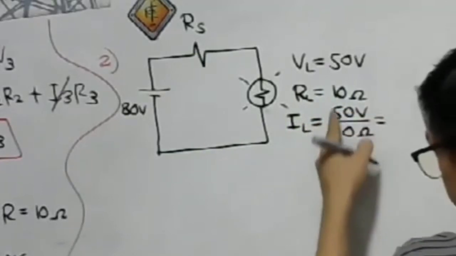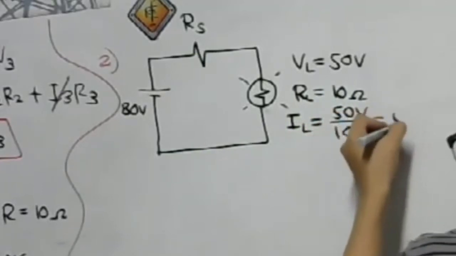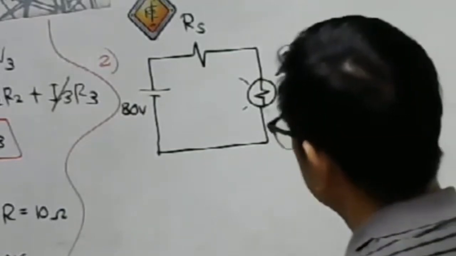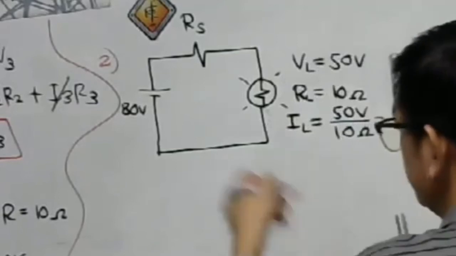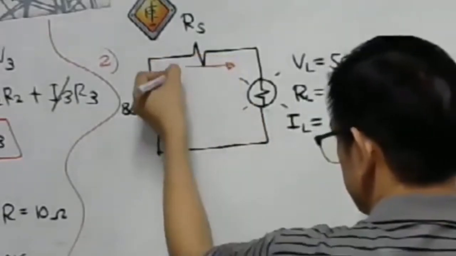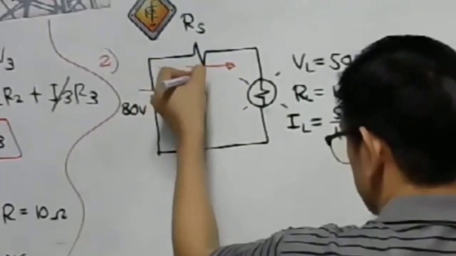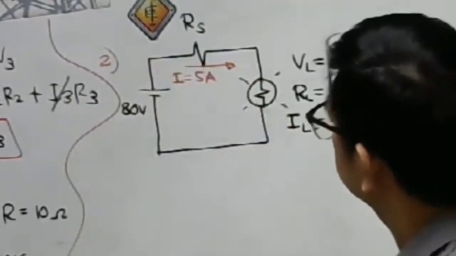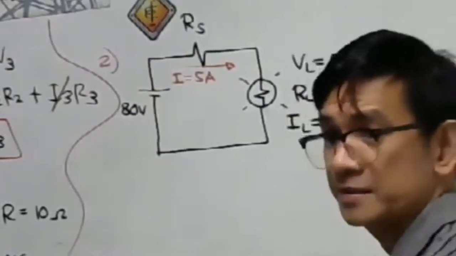So 50 over 10, we have 5 amperes. Where is that 5 amperes? This is our IL, our 5 amperes.